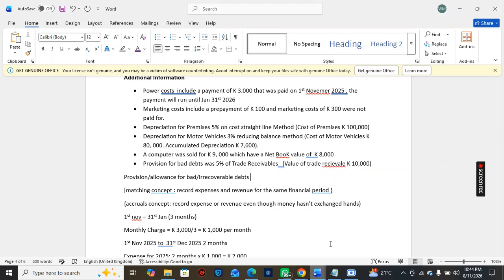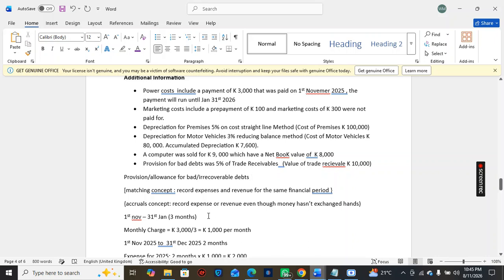The prudence concept is just you, as an accountant, being disciplined and honest. So if you foresee any losses that the company might incur, record them. Do not overstate profits or understate expenses. Be honest and faithful in your representation.